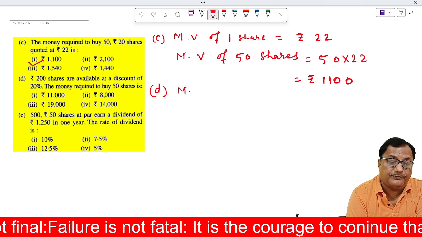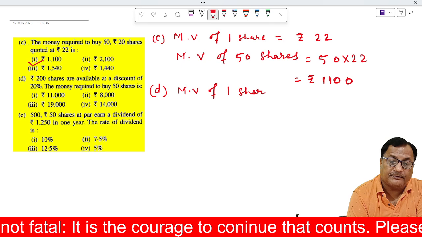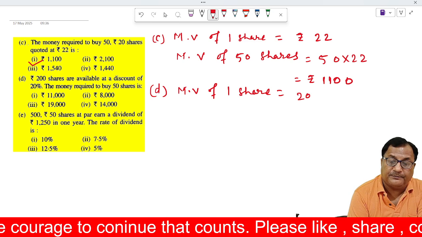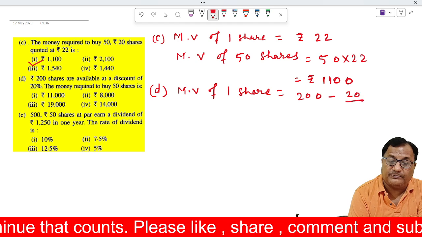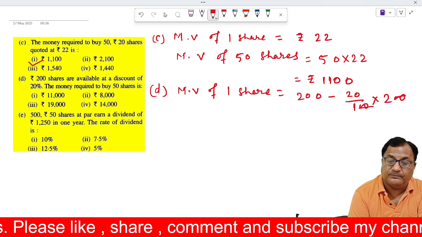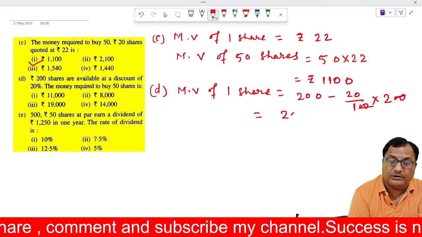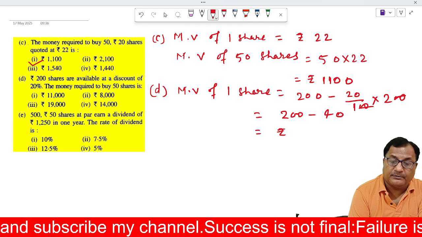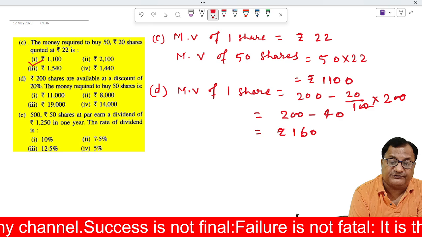Market value of one share is equal to 200 minus 20% discount, 20 by 100 into 200, this 0 and this 0 will cut, is equal to 200 minus 40, is equal to rupees 160. This is the market value of one share.